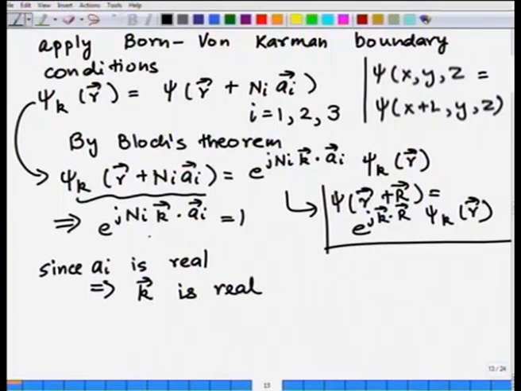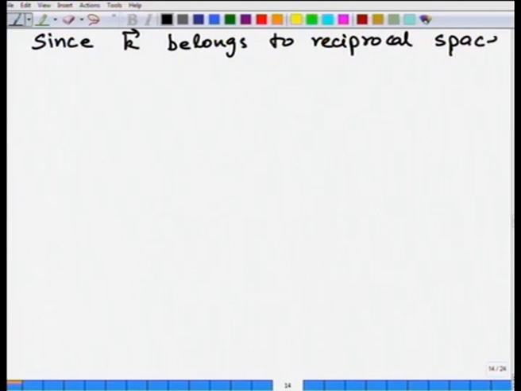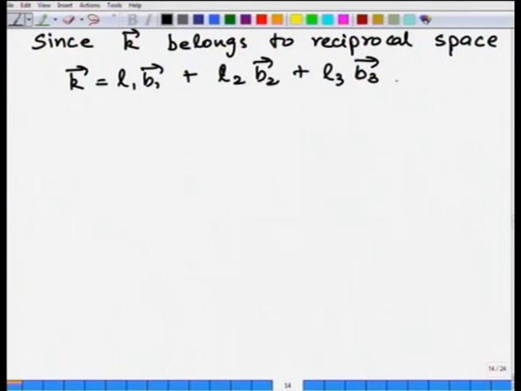All right. So, what I am going to do is, since k belongs to reciprocal space, I am just going to express this k vector as L1 times B1 plus L2 times B2 plus L3 times B3, where these B's are reciprocal lattice vectors and L1, L2, L3 need not be integers.